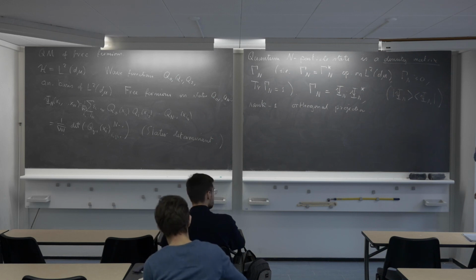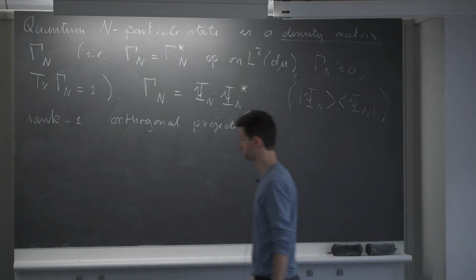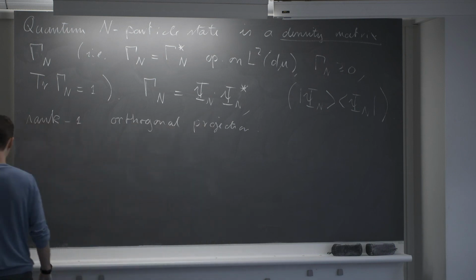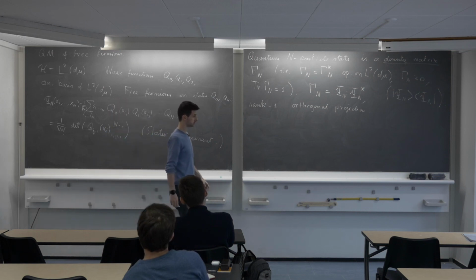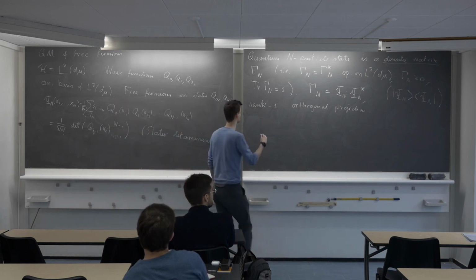Then what is the analog of these correlation functions, which amount to integrating out variables? In quantum mechanics, that's called the partial trace.